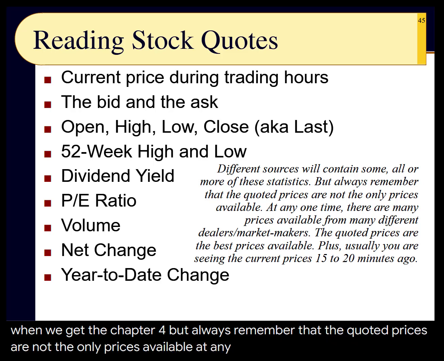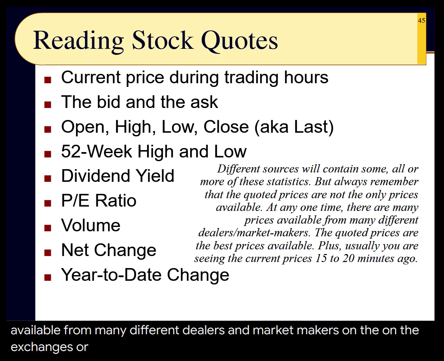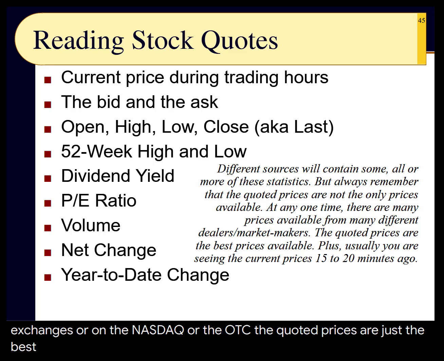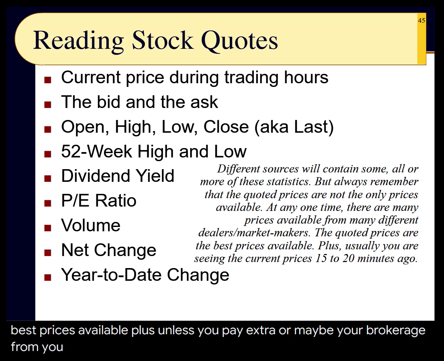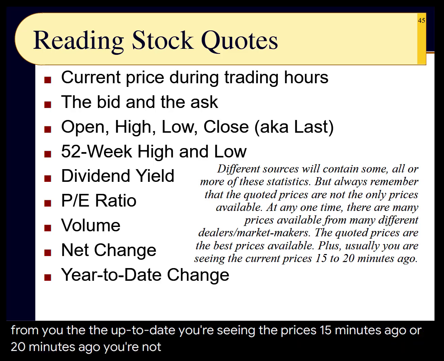At any one time, there are many prices available from many different dealers and market makers on the exchanges or on the NASDAQ or the OTC. The quoted prices are just the best prices available. Plus, unless you pay extra, or you join a brokerage firm that gives you up-to-date prices, you're seeing the prices from 15 or 20 minutes ago. You're not seeing the current prices.